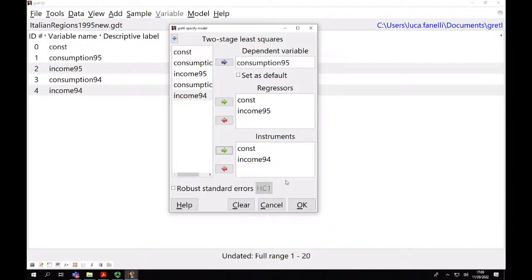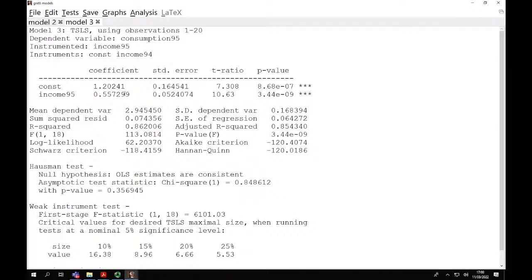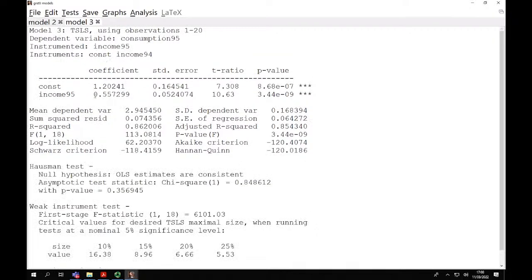Now click OK, and we skip, for the moment, part of the output. I want to focus your attention on the estimated coefficient obtained this way, which is 0.55. With OLS, we got 0.55. With the instrumental variable, two-stage least squares, which will be the same thing, but we have still 6 hours to work on this topic, so don't worry.